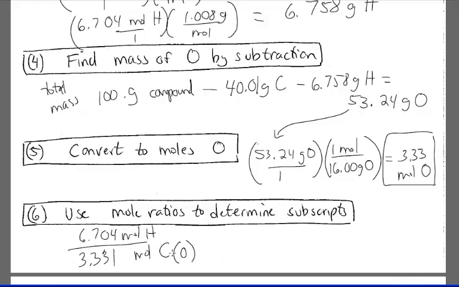So I'll do it for carbon, but it's the same for oxygen. It gives us approximately 2. Okay, so there's 2 hydrogens for every carbon, there's 2 hydrogens for every oxygen, which tells us the empirical formula is H2CO. And again, the molecular formula could be any multiple of that.